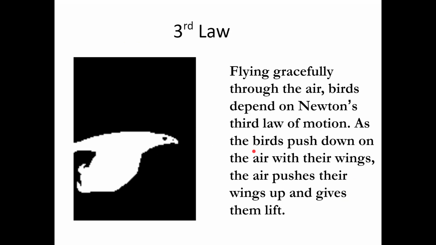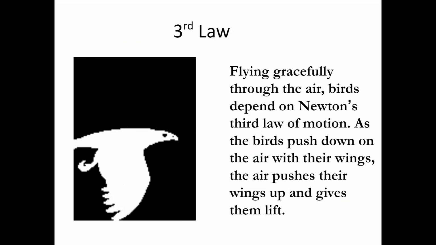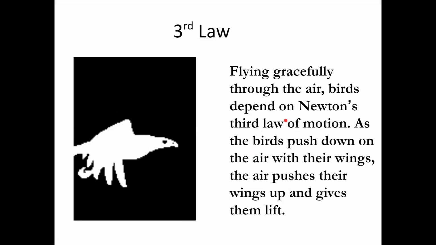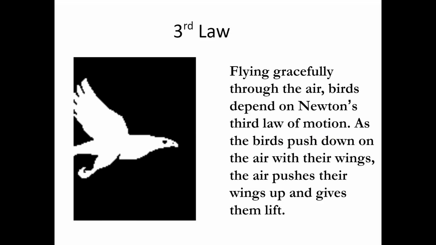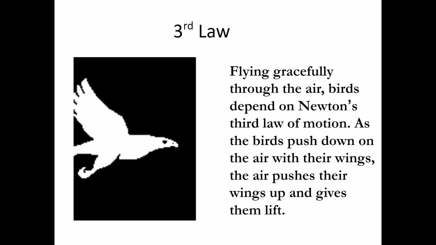Another really good example is how birds fly. So birds are very dependent on this third law of motion. Birds are able to fly through the air because they use their wings to push themselves along through the air.